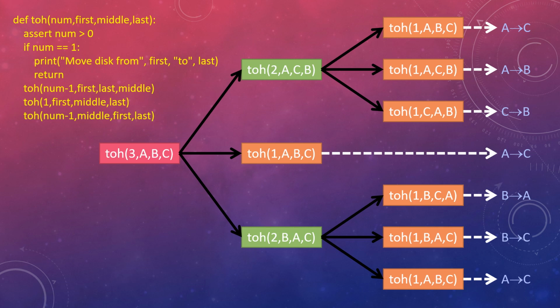How do I read the moves of Tower of Hanoi? I read them like this, from top to bottom. These are 7 moves, and if I go by these moves, I can play the Tower of Hanoi puzzle for 3 disks.